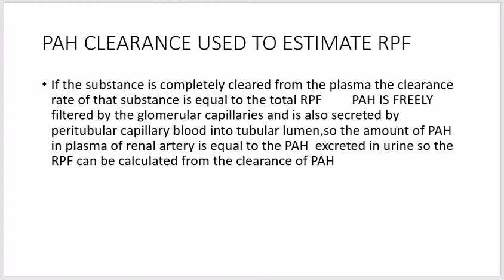So PAH is freely filtered by the glomerular capillaries and is also secreted by the peritubular capillary blood into the tubular lumens. So the amount of PAH in plasma of the renal artery is equal to the PAH excreted in the urine. So the renal plasma flow can be calculated from the clearance of PAH.